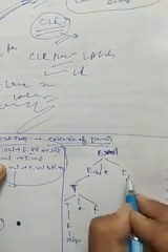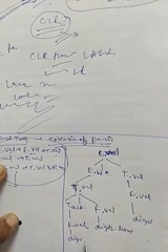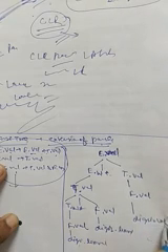In the parse tree, e dot val, f dot val, t dot val, and digit will be lex val. Okay, it will become annotated.